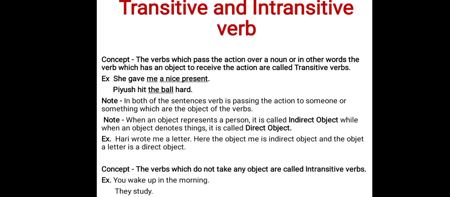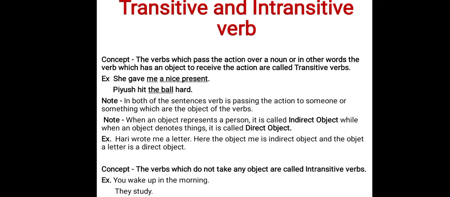Well, a transitive verb is a verb which passes the action or transfers the action to something or over an object. Or in other words, a transitive verb has an object to receive the action.